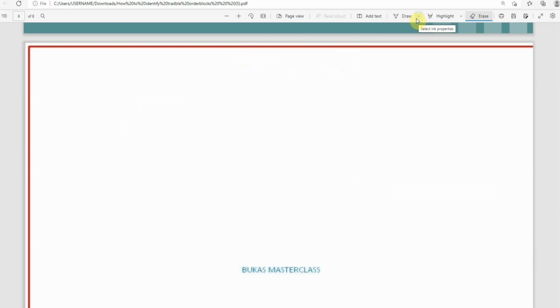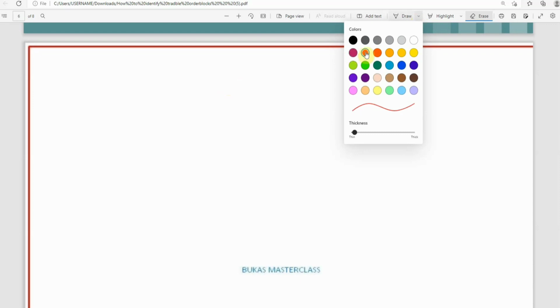And the problem with picking the wrong OB is either they don't get mitigated, that is, the price will not revert to their order block for them to get sell or get buy, or they get stopped out, that is, stop loss hit, and so on. To avoid this, please follow these rules I'm going to list right now.